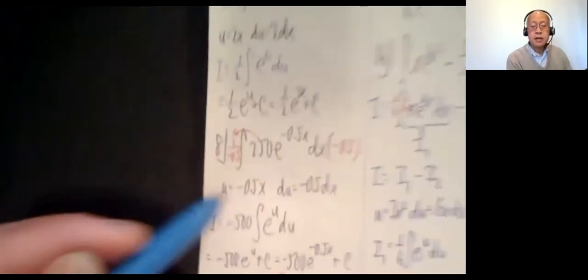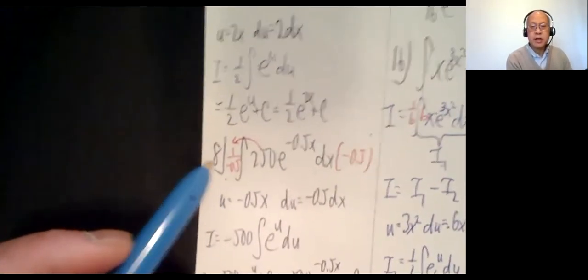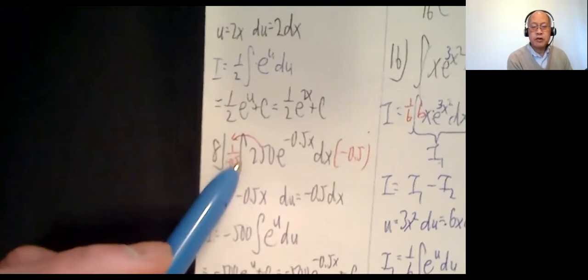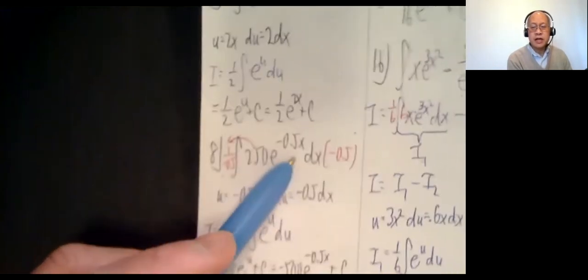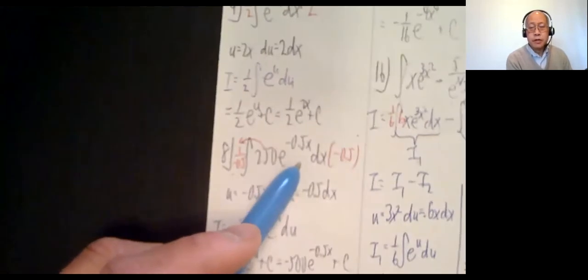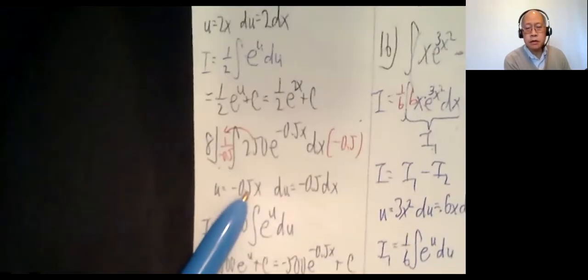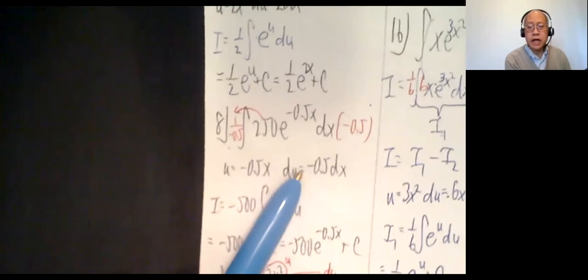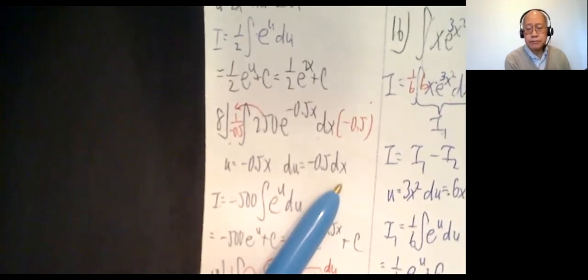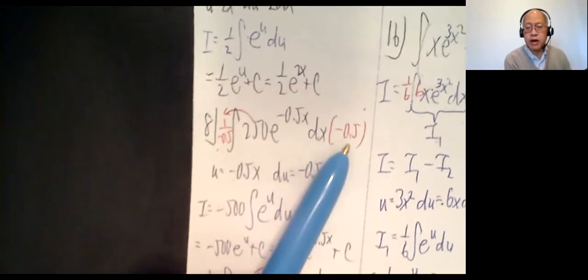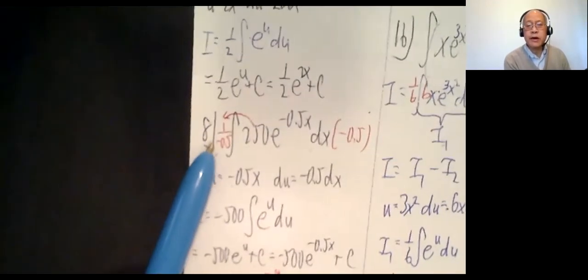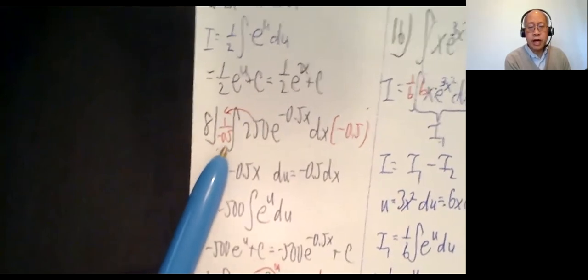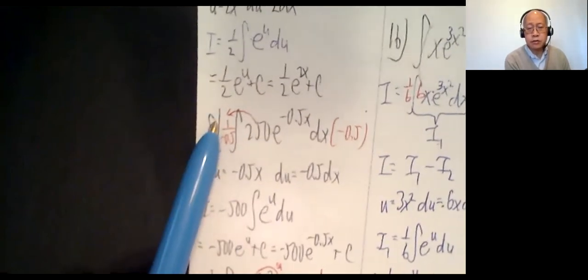Okay. Same kind of game comes over here. The integral of 250 e to the negative 0.5x dx. Now, using a u substitution, you would say let u equals negative 0.5x. du equals negative 0.5 dx, which means I need to introduce in red a negative 0.5 inside and 1 over negative 0.5 outside, and the 250 can come outside also.